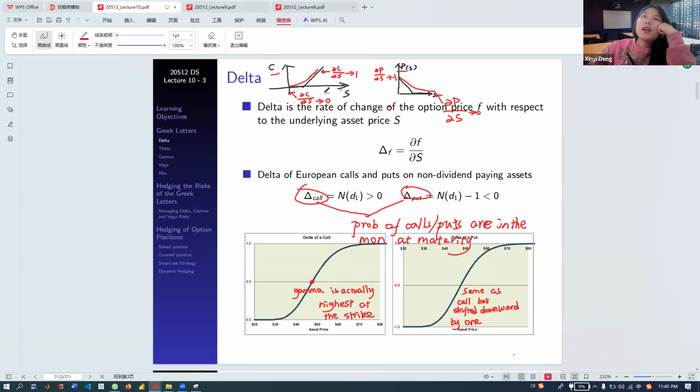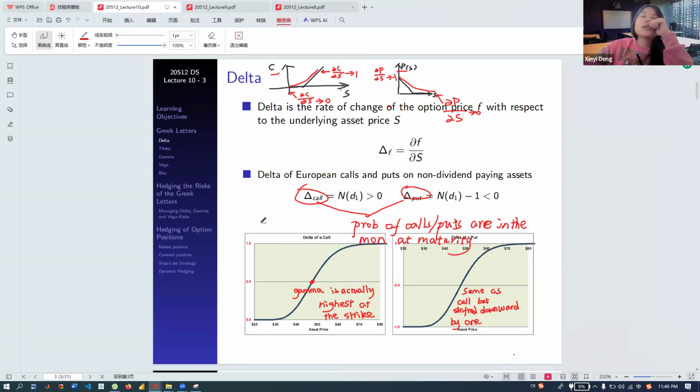Obviously, let's discuss call options first. For call options, when S is really small, smaller than S0, then what happens is that the slope, as we can see from the figure, is really close to zero.